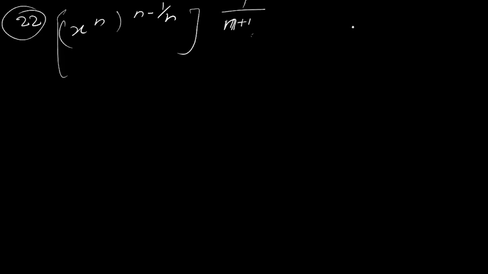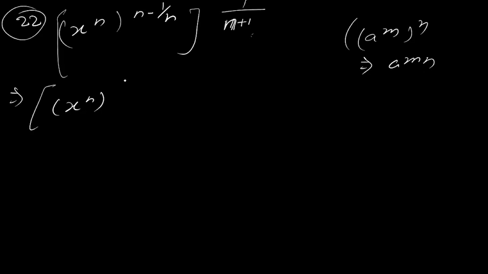So simply a to the power m whole to the power n, यहाँ पे n है तो क्या लिखते हैं हम? a to the power mn. Same thing we are going to do here, okay. x to the power n, now इसका ट्रीटमेंट n, this will be n square minus 1 whole to the power बेटा 1 बटा n plus 1, right? Okay, same funda we are going to apply.